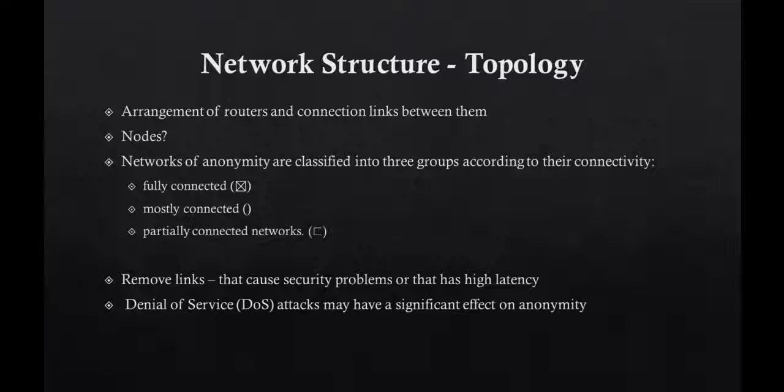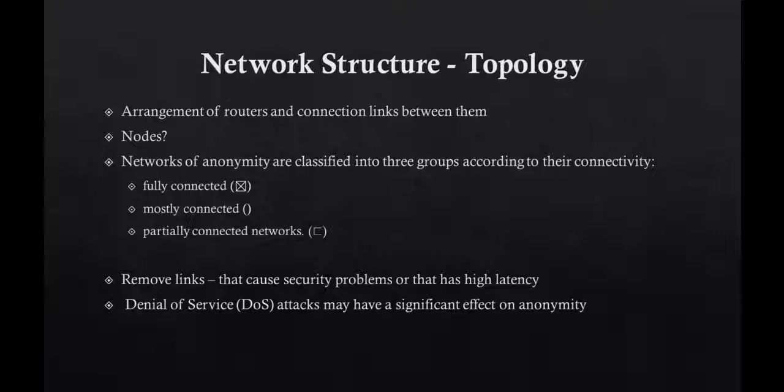An edge occurs between two nodes only if the routing strategy enables those two nodes to be connected directly as part of the same anonymous circuit. Networks of anonymity are classified into three groups: fully connected, mostly connected, and partially connected. Fully connected, when a node can connect to all other nodes.